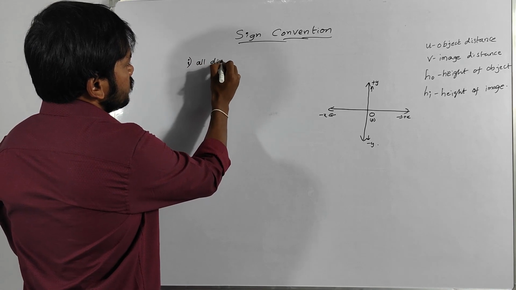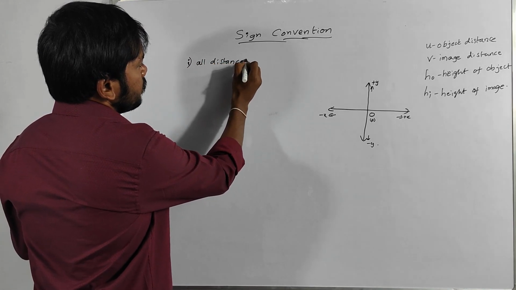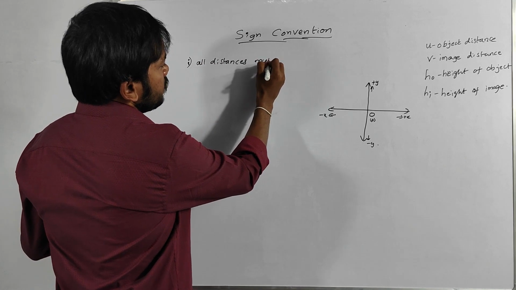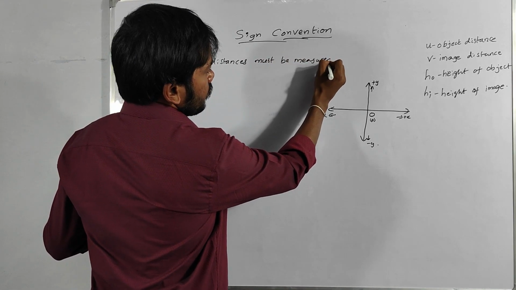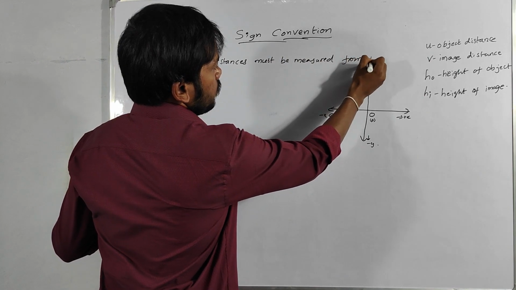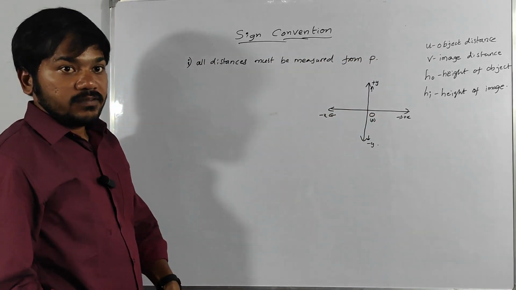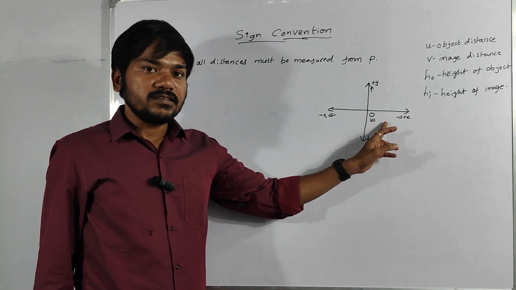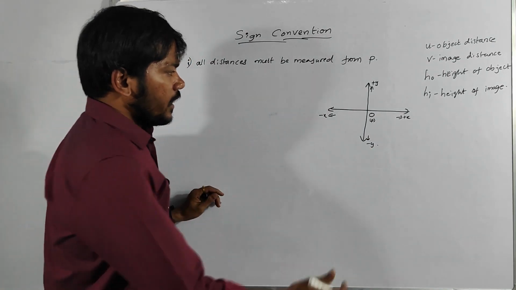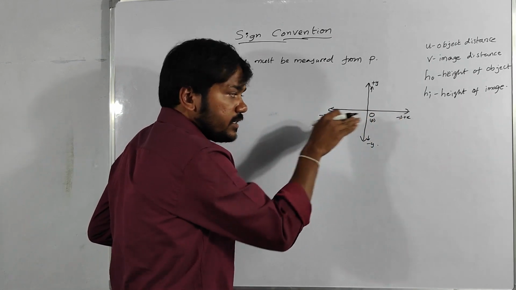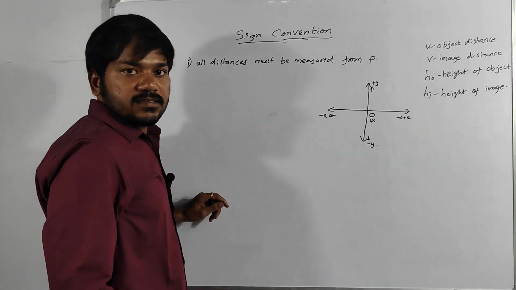All distances must be measured from the pole, which is in comparison to the origin of the 2D axis. And this x-axis, I can consider it as which axis?